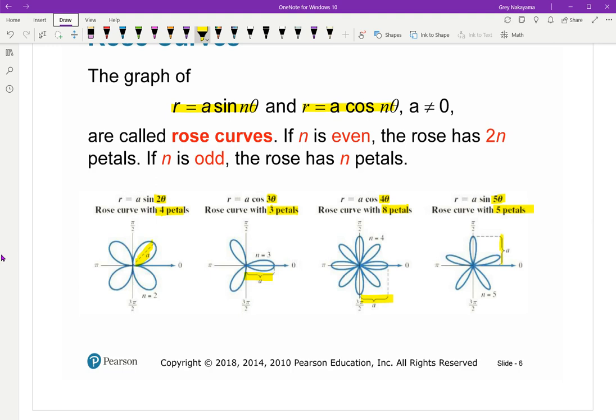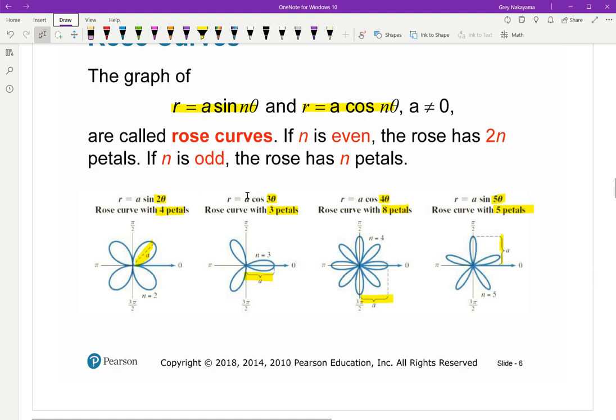The other thing that I want to point out that you want to pay attention to is where it starts. So in this first graph, the petal starts in between. And in this graph, the petal starts on the x-axis. This one's on the x-axis. This one is not on the x-axis. Now, I can tell you exactly where it starts and how to know that, but what you have to know is what's going to cause it to start on the x-axis.